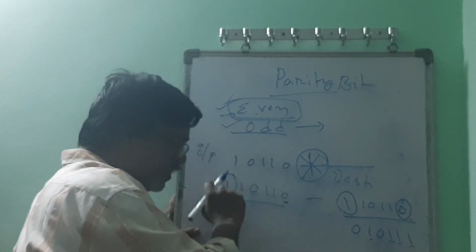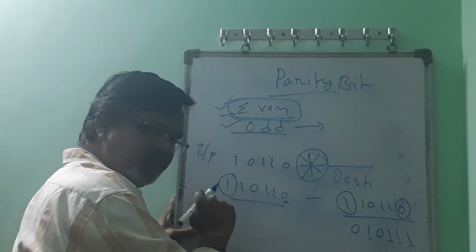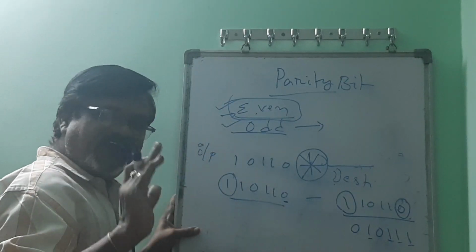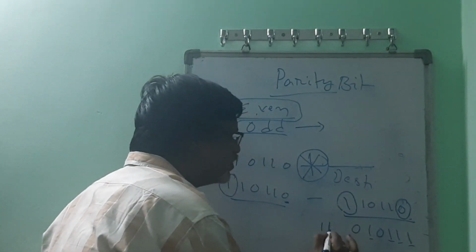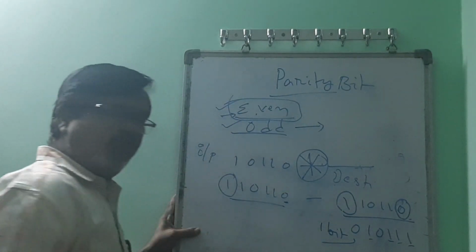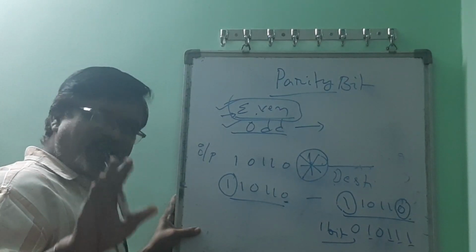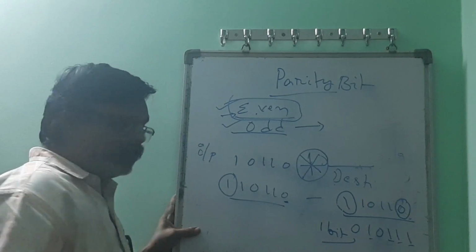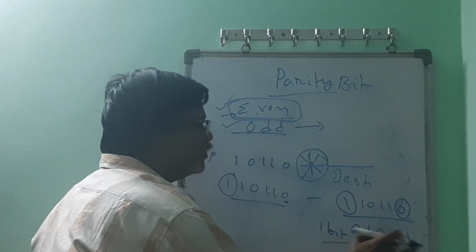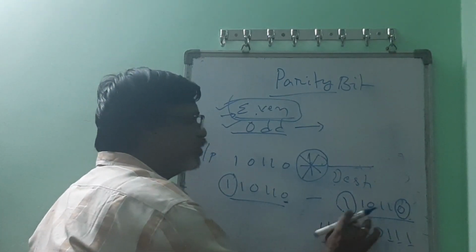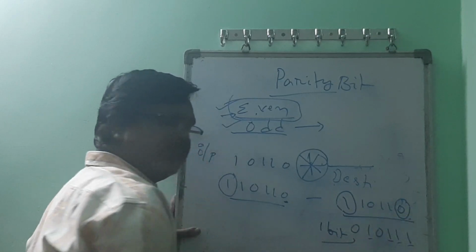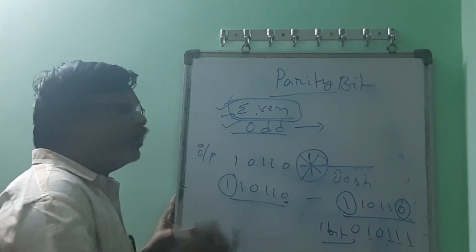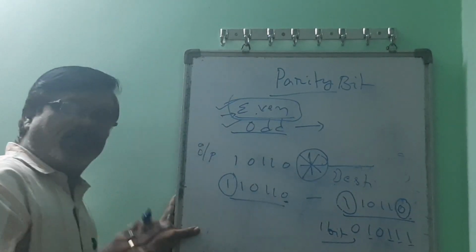But the disadvantage of this parity bit method is, if there is a change in only 1 bit position, then only this method will be applicable and will work. If there is a change in more than 1 bit position, say 2 bits change, it is not possible to check whether the data is right or wrong.